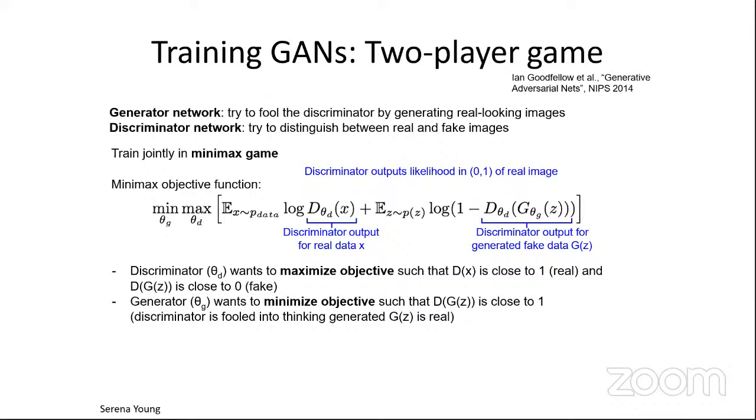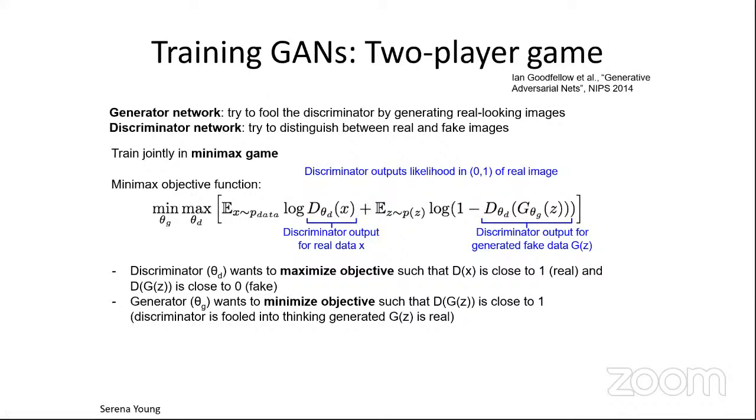That means log of 1 minus D of G of Z should be very small, because D of G of Z is very close to 1. So the generator wants to minimize the objective such that D of G of Z is close to 1, and the discriminator is fooled into thinking that the generated G of Z is real. So it's a minimization problem from the perspective of the generator.